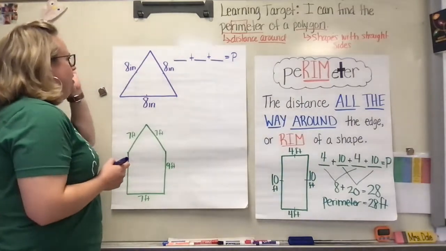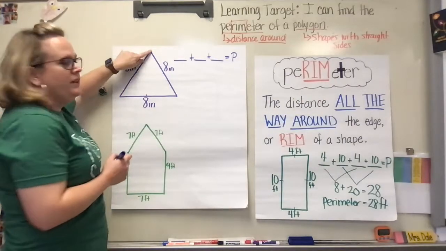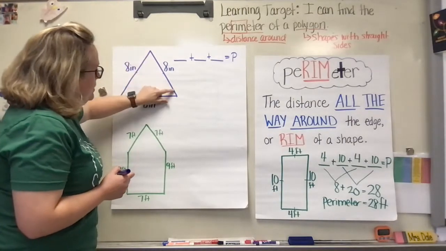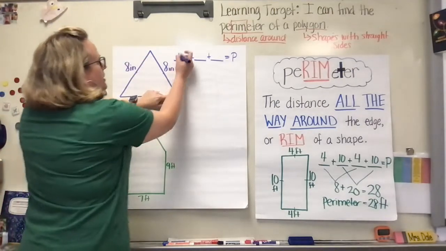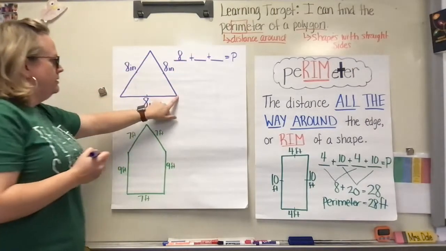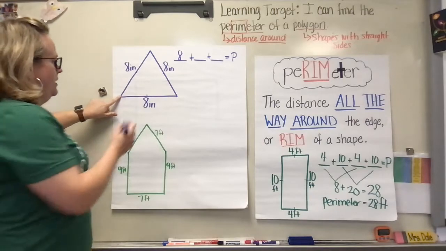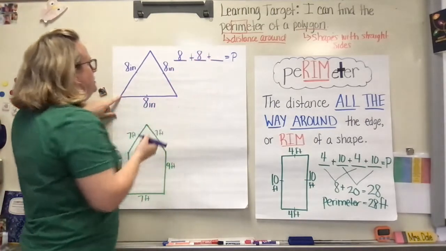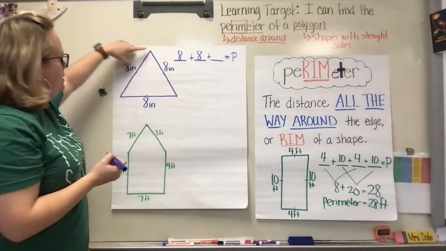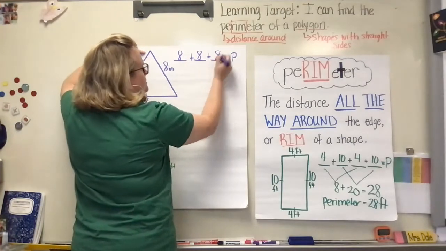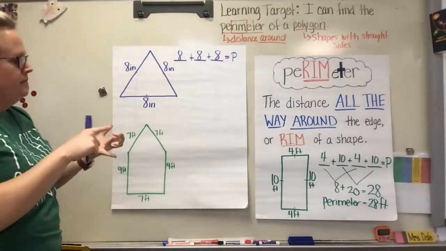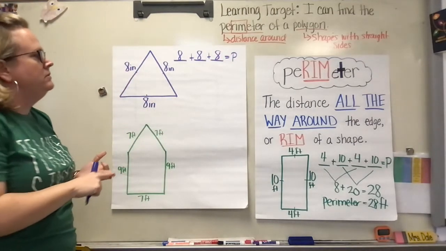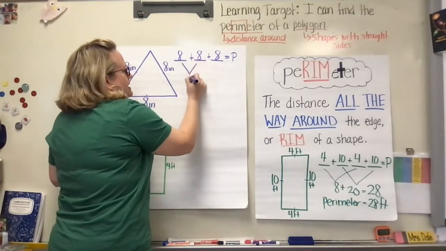Okay, so here we go. I like to put my finger on one spot and trace the rim. So if I go from here to here, that's 8 inches. From here to here, that's another 8 inches. And then from here to here, that's another 8 inches. 8 plus 8 plus 8. Well, I know 8 plus 8 is 16.